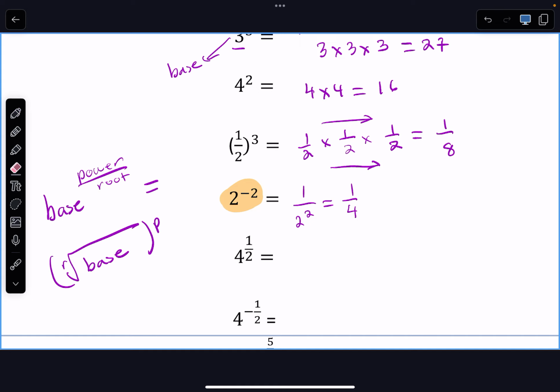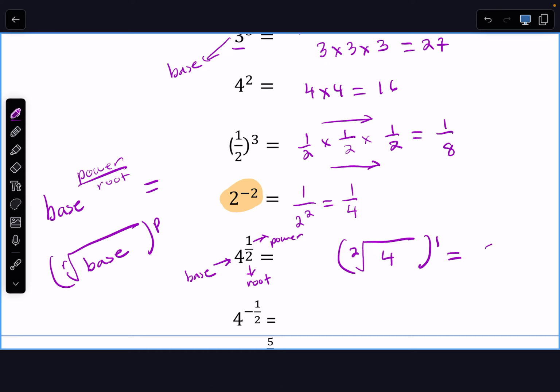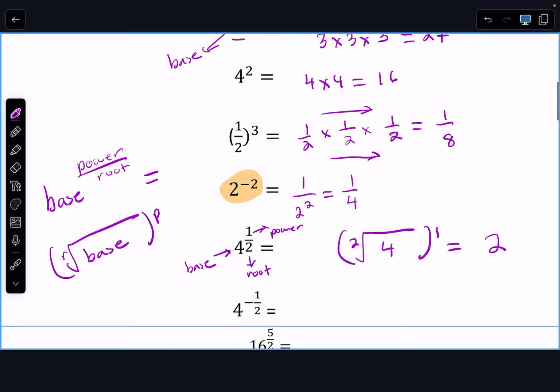So if I erase this real quick, if you have power, everybody, you're on top. And if you think about the roots on the ground, they're on the bottom. So this is 4 because that's my base. My root is 2. And all of this is to the power of 1. And this literally just means the square root of 4, which is 2.